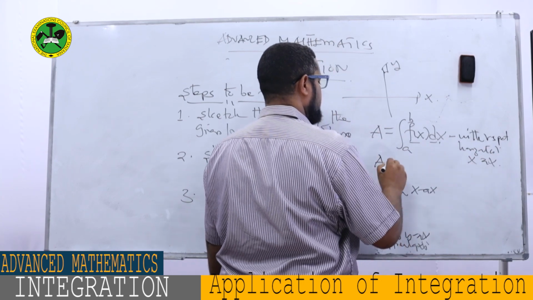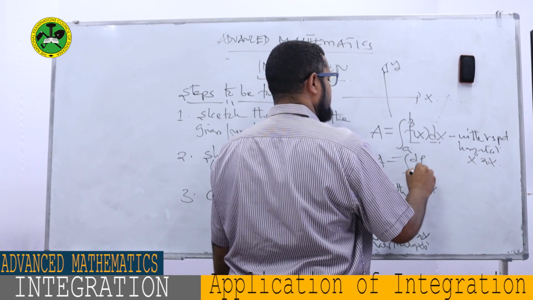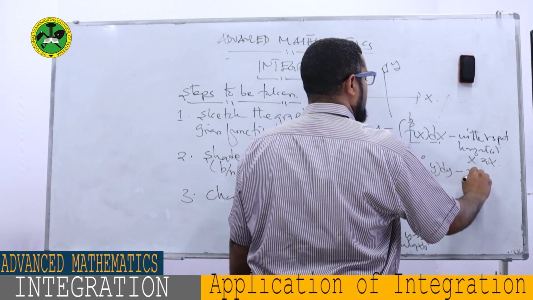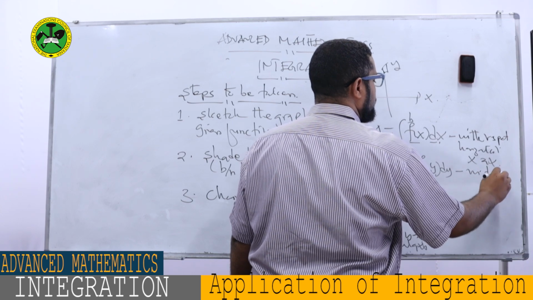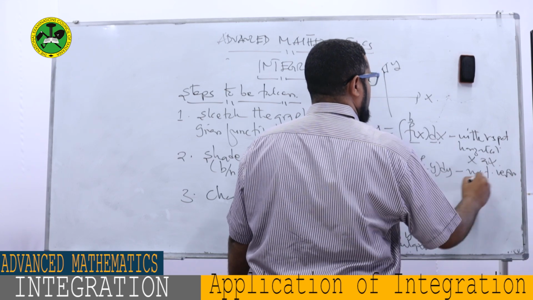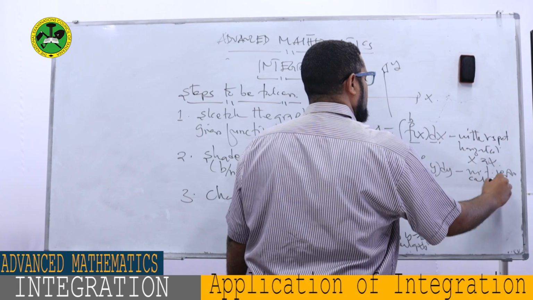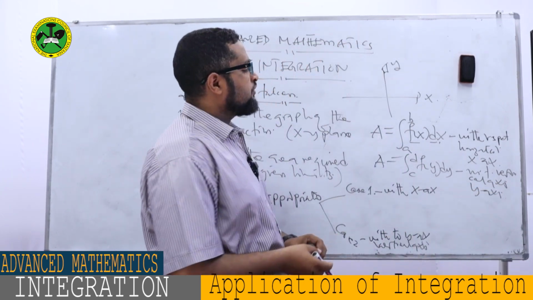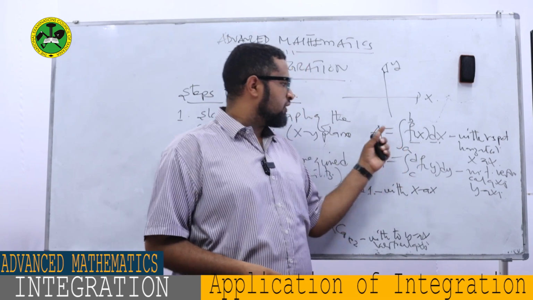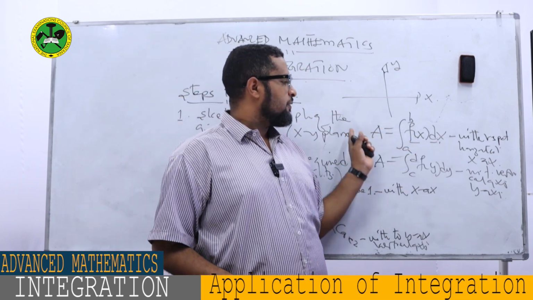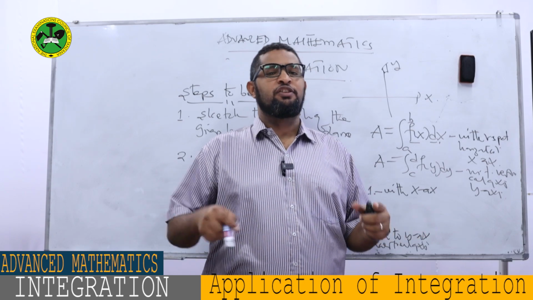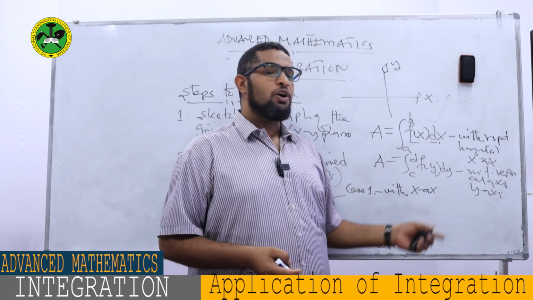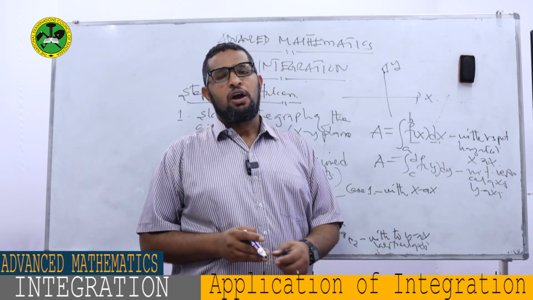The second one is from c to d of f of y dy with respect to the vertical axis or y-axis. The formulas express themselves: f of x dx, as we know, the horizontal axis is always named as the x-axis, and f of y stands for the vertical axis.